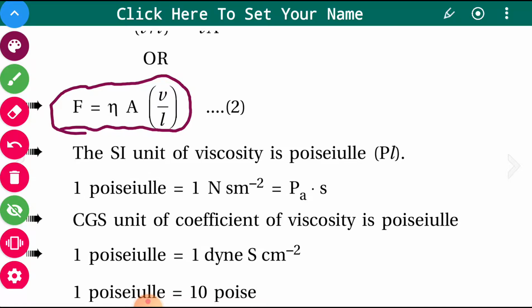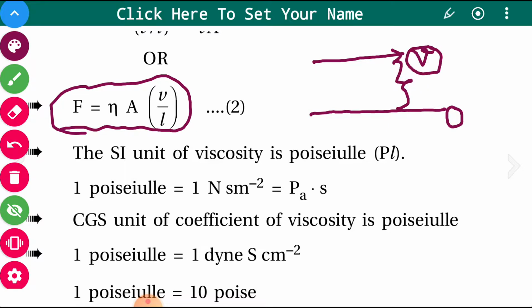Now try to understand, the upper layer has velocity V, the lower layer has velocity 0. So the difference of velocity is V, divided by L, which is the distance between these two layers.